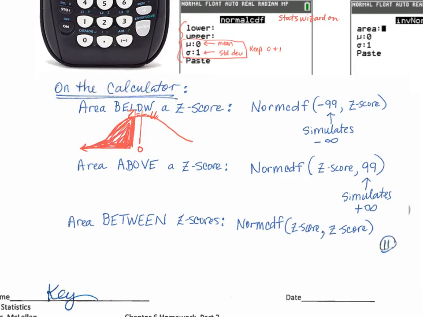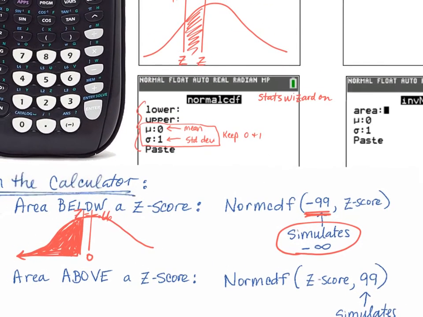And then you went to your chart and you just looked up that number on your chart, which gave you that value. Well, if we want to use our calculator, then for the lower bound, we're going to simulate negative infinity with the number negative 99. Some people have 1E99 or negative 99 already programmed into their calculator to simulate that negative infinity.